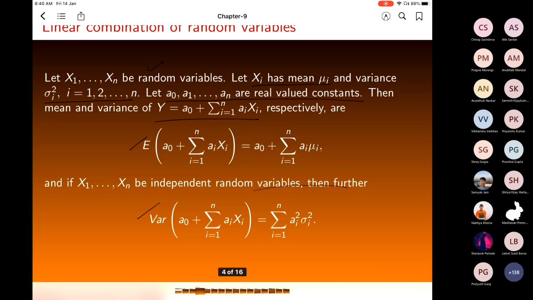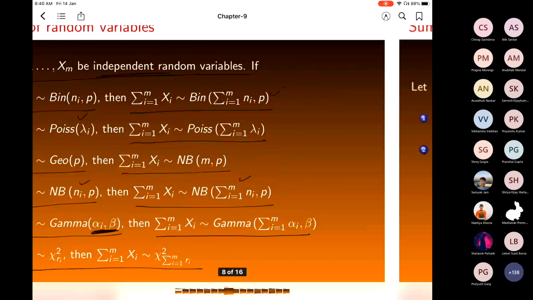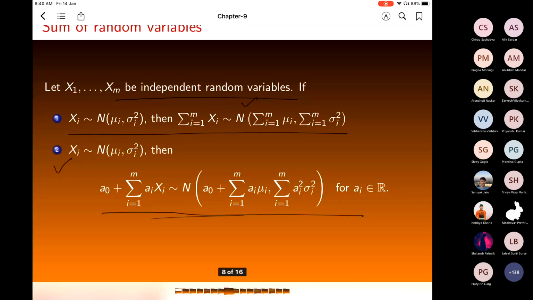But for the proof of that normal distribution, you have to show that thing once at least, that the summation of ai xi will be normal.